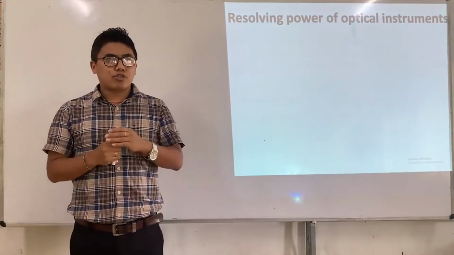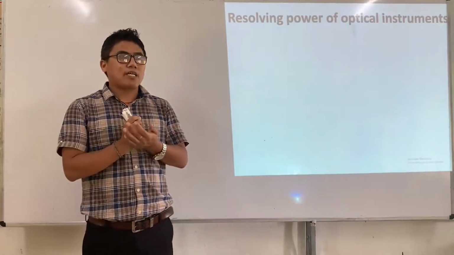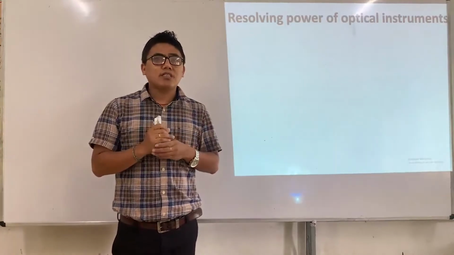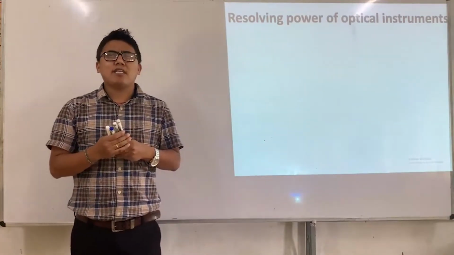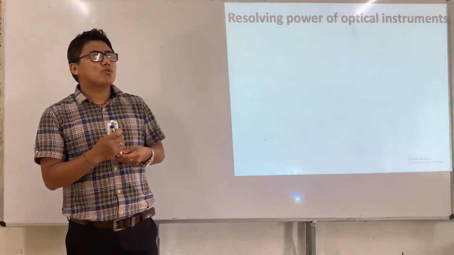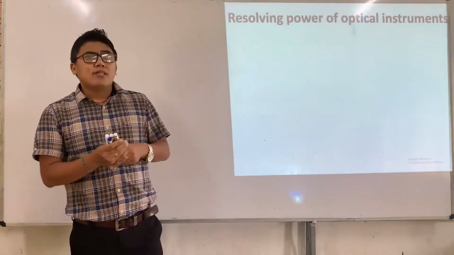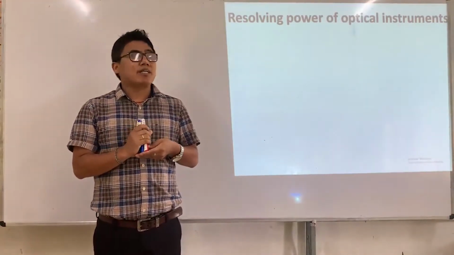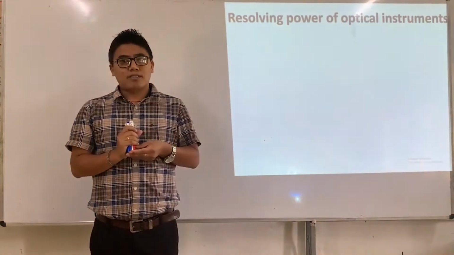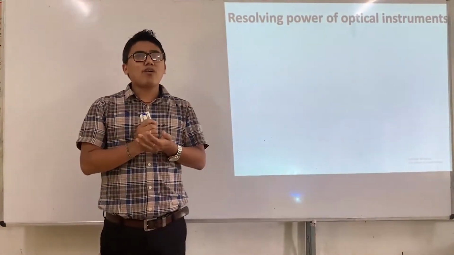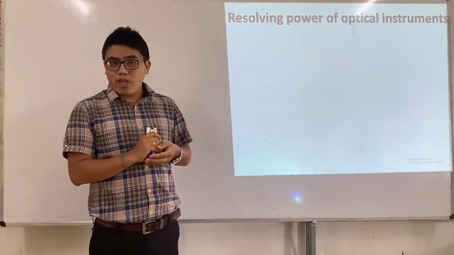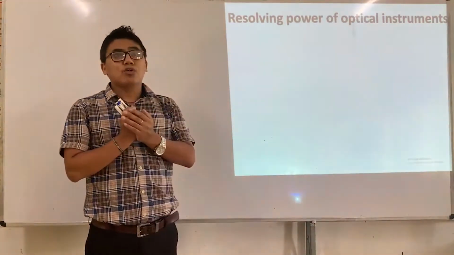I told you that we discuss two very important aspects in a telescope and a microscope. These two aspects are, one is magnification, another one is resolving power. I told you that resolving power comes under wave optics. So this is what we are going to do today.